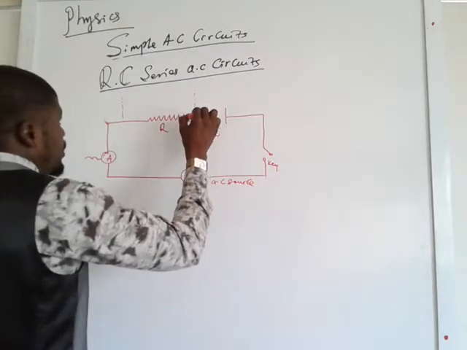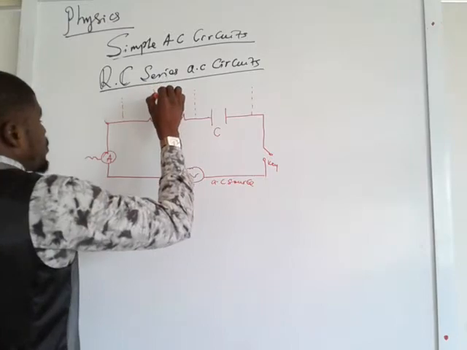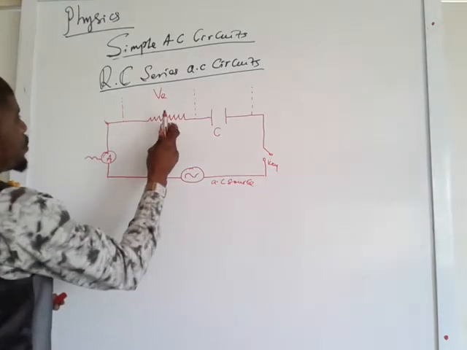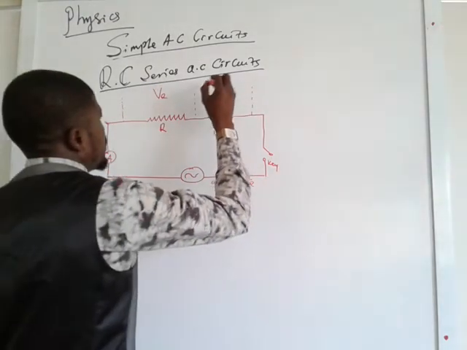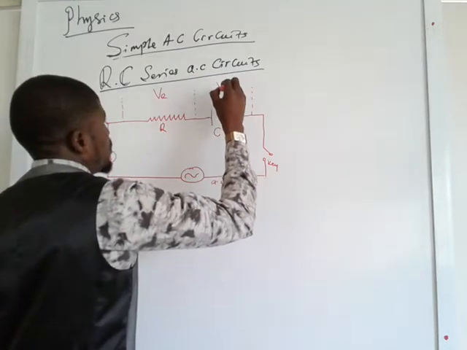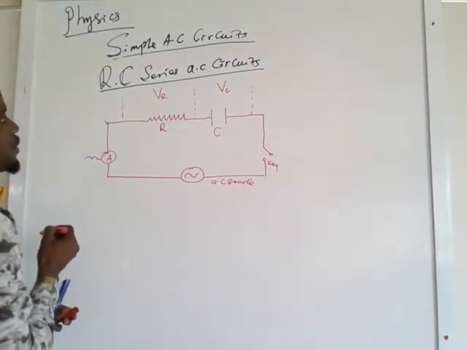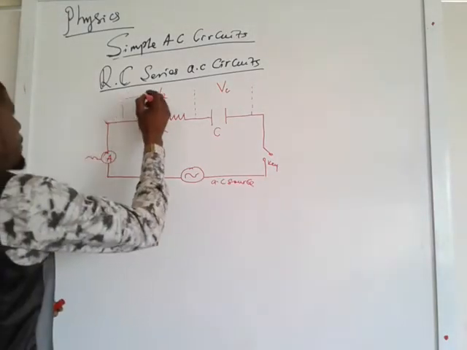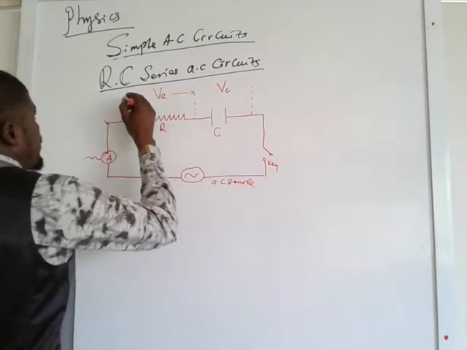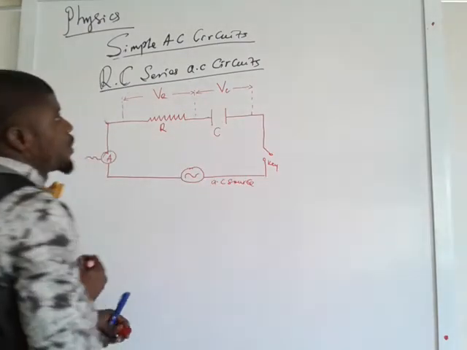And so here is the voltage. Let's demarcate this. This is the voltage across the resistor, and then the voltage across the capacitor C. Good.